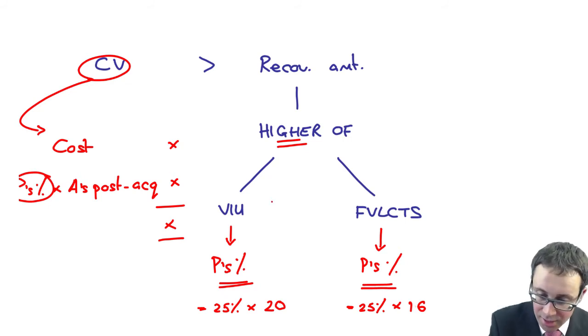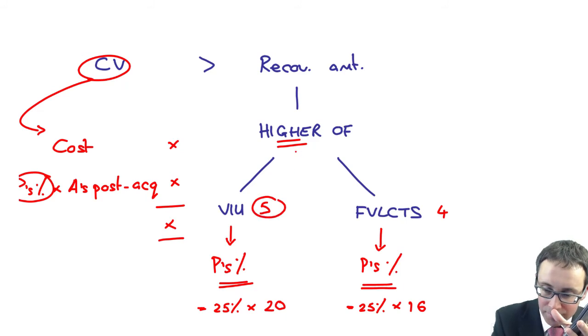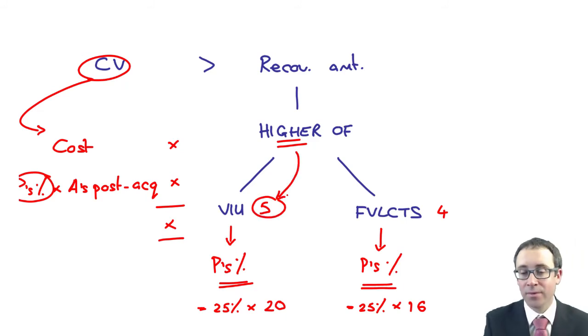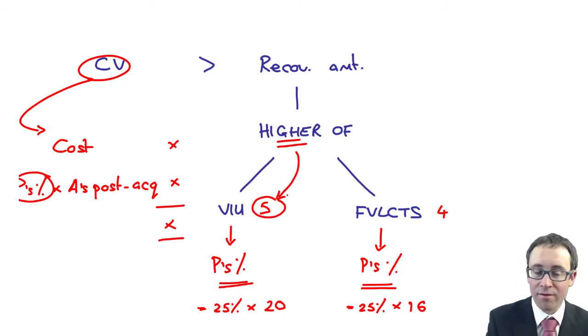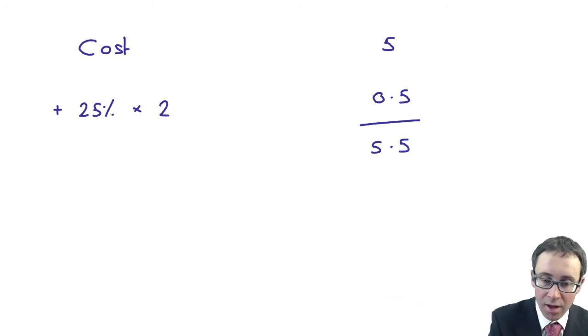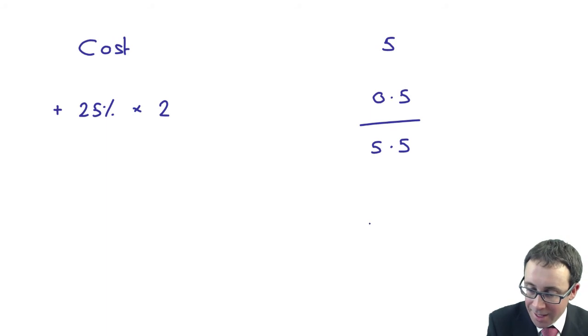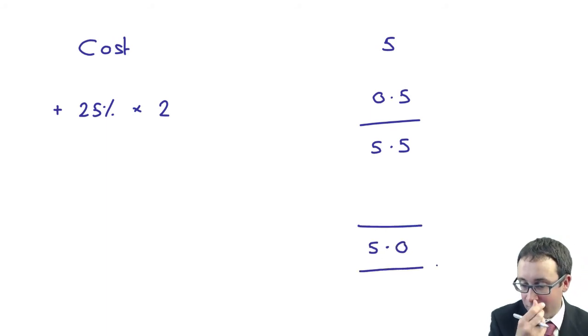So 25% of 20 is 5. 25% of 16 is 4, isn't it? The higher is 5, isn't it? So you have a carrying value of 5.5. The recoverable amount is less than that, so that is there as 5.